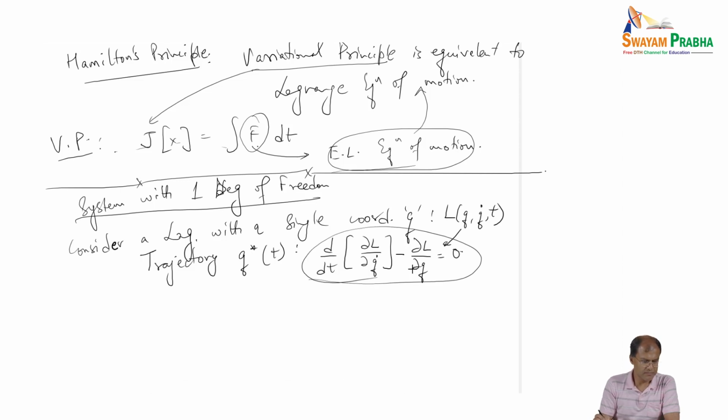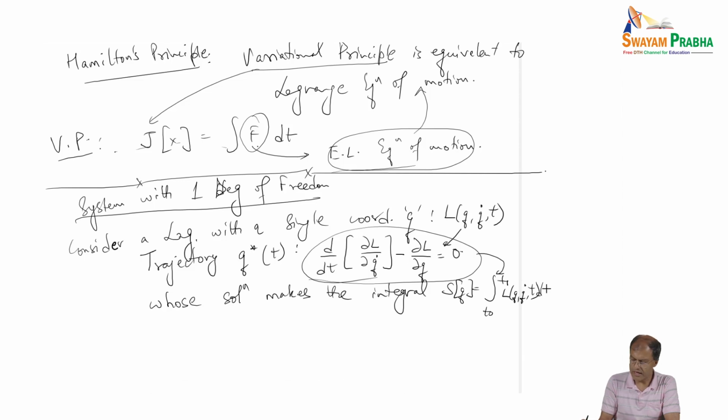Okay, and otherwise it means that the solution to this Lagrange equation of motion is going to make the integral S of q, which is the integral from t0 to t1 of L of q comma q dot comma t dt, stationary.